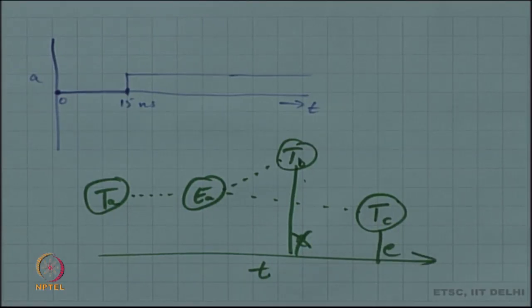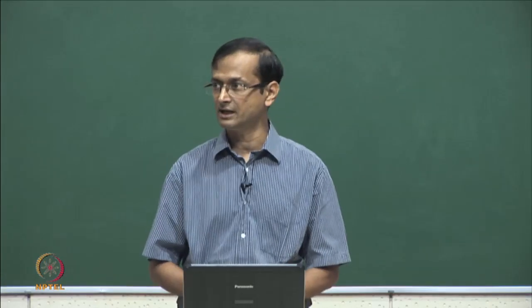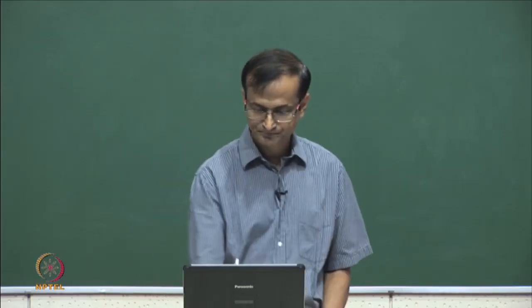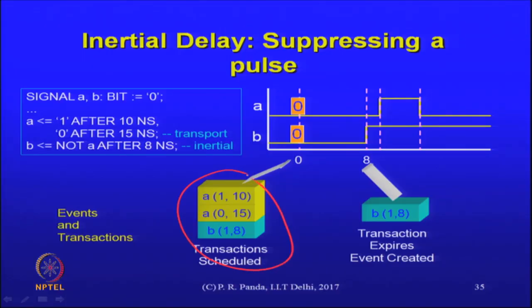But the way it is processed hopefully is clear, that at any point in time we maintain a bunch of such transactions that we had here. That is our event queue, and we simply pick up for processing the earliest transaction that is scheduled for processing, right. So, but of course, we have to handle the spikes or pulses in an appropriate way.